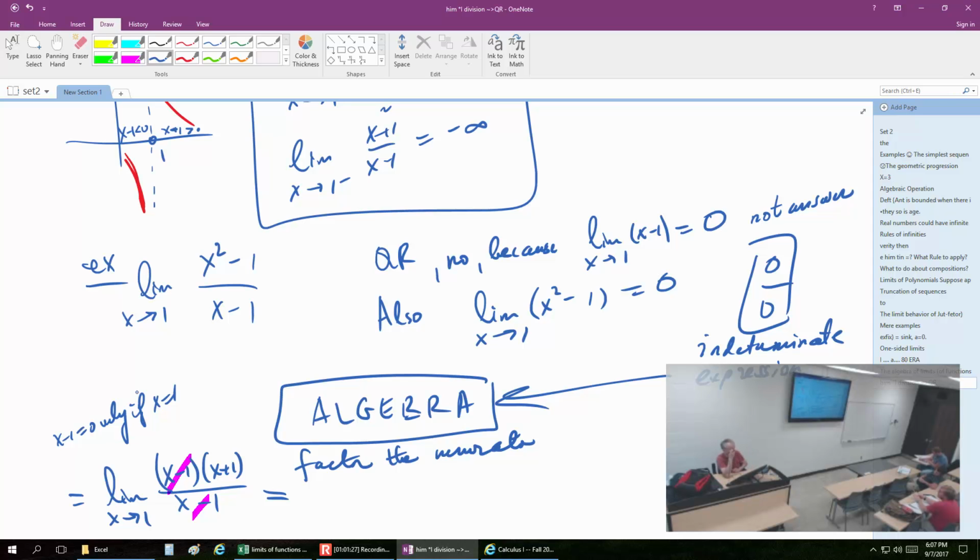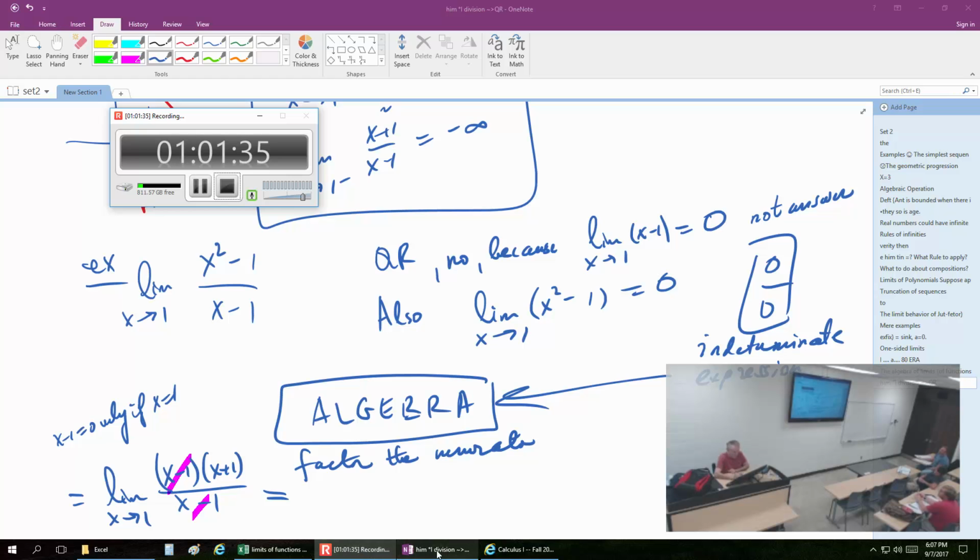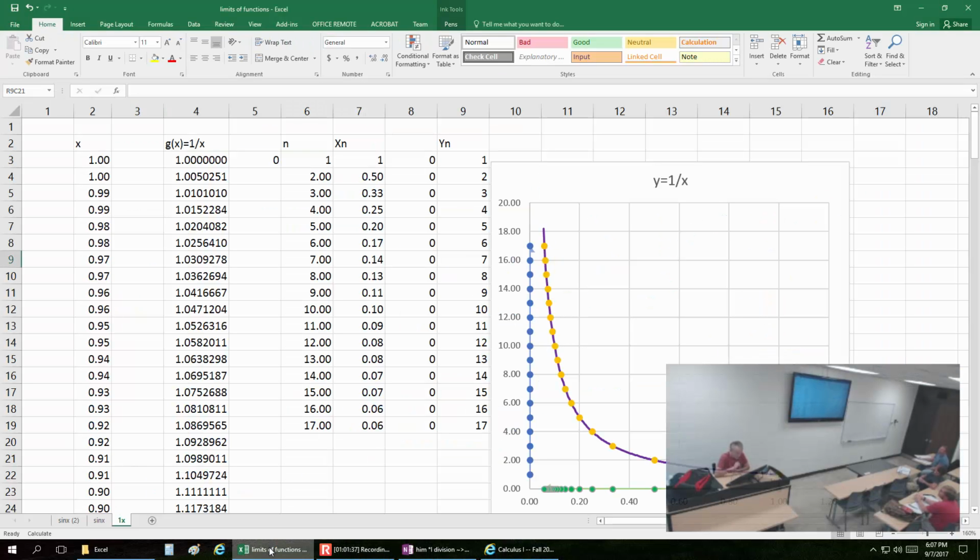So the limit of a sequence, remember, we have a sequence x_n converging towards a point. This is the picture. Look at the green sequence. It converges towards 0, but it's never equal to 0.